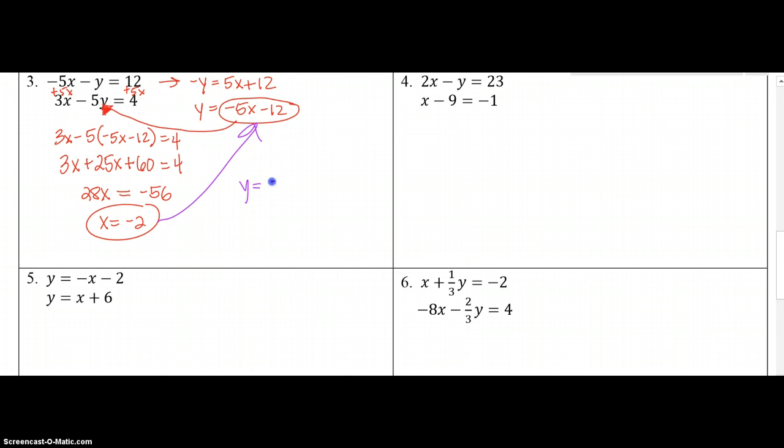So y equals -5 times -2 minus 12. Careful with your signs here. Negative times a negative is a positive. And then 10 minus 12 is -2. So the solution is (-2, -2). Questions on that one?